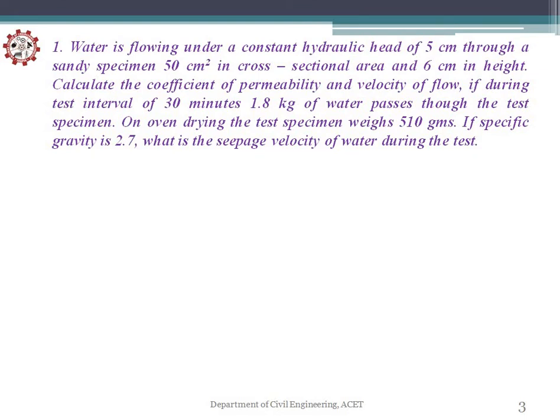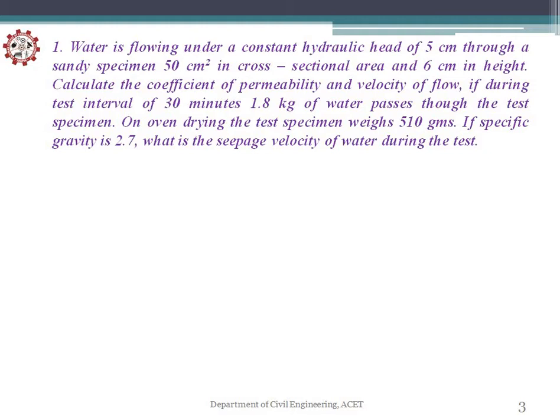Water is flowing under a constant hydraulic head of 5 cm through a sandy specimen 50 cm square in cross-sectional area and 6 cm in height. Calculate the coefficient of permeability and velocity of flow if during a test interval of 30 minutes 1.8 kg of water passes through the test specimen.